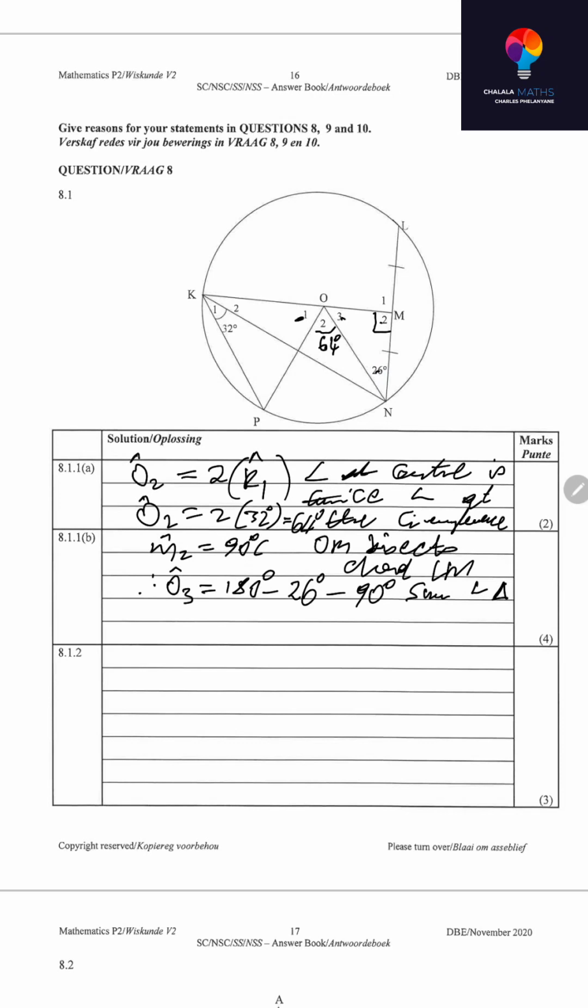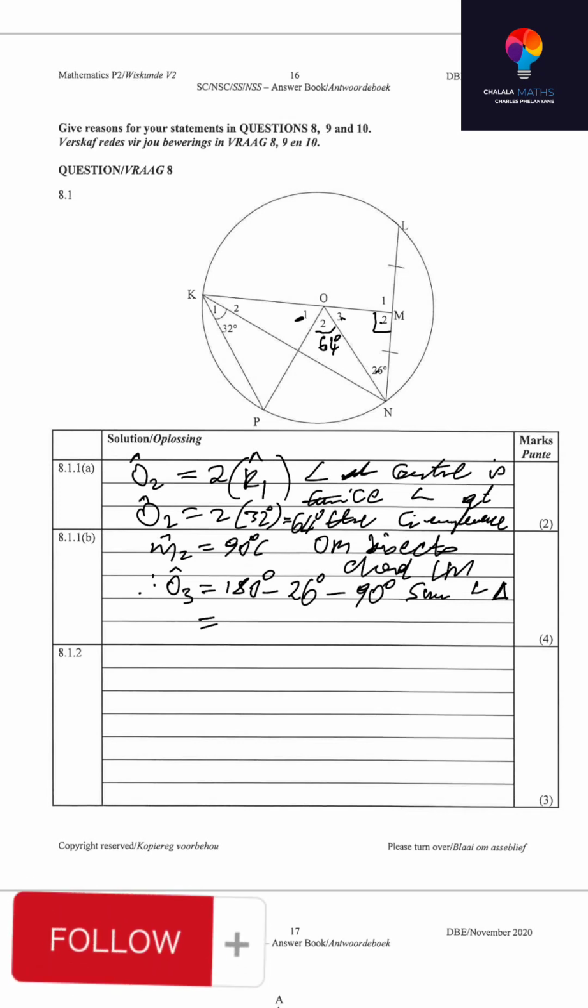Then at the end of the day, we have 180 degrees minus 26 minus 90, which will give us 64 degrees.